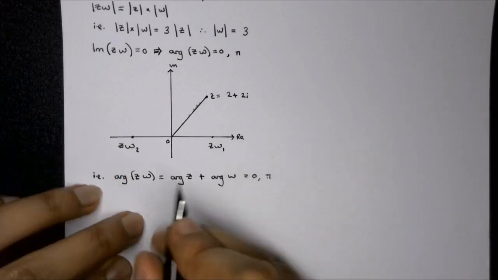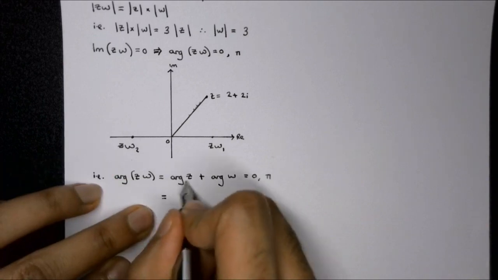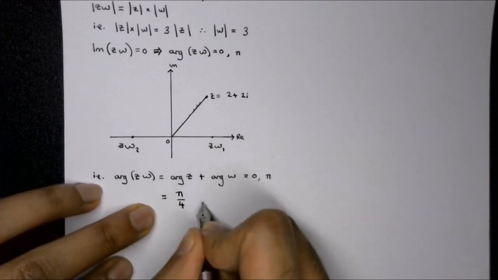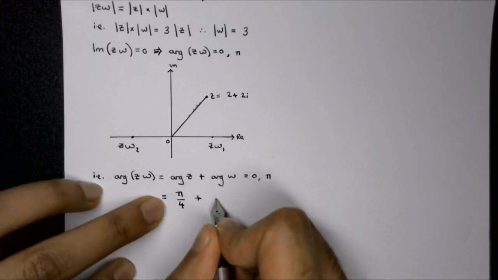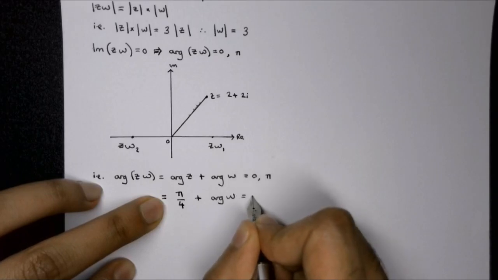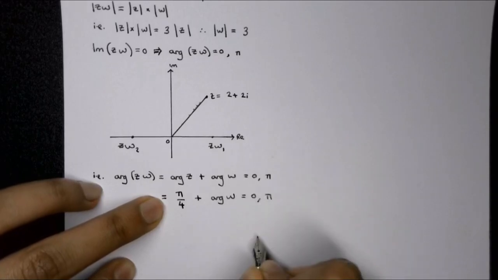Well, we know over here that the argument of Z, we've just found that to be pi over 4. So we have pi over 4 plus the argument of W either equaling 0 or pi.